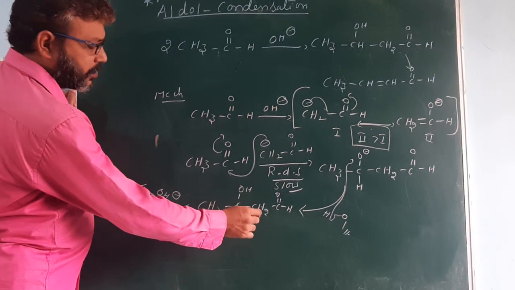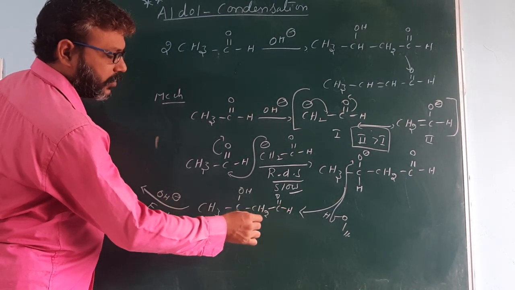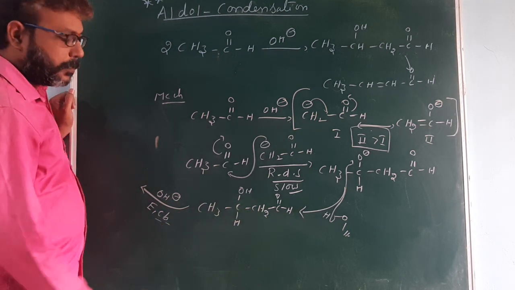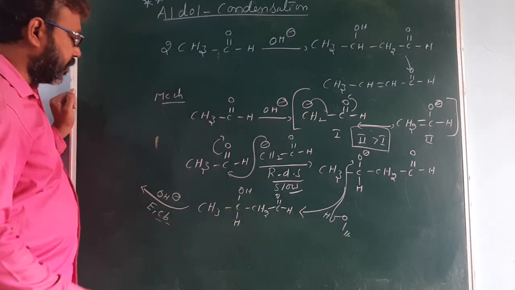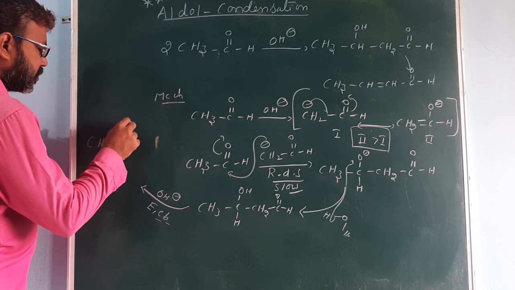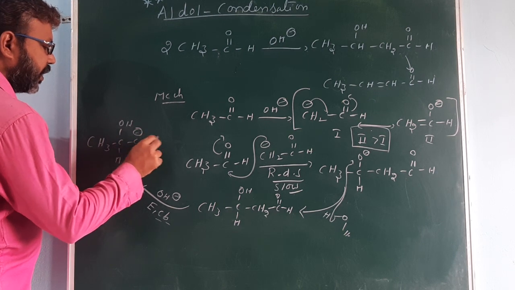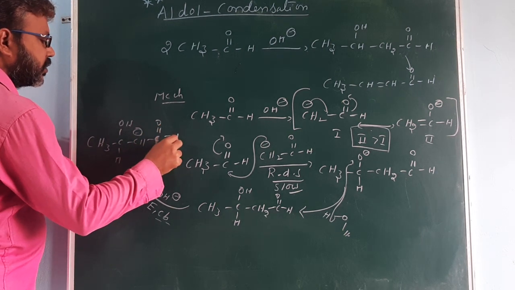OH minus abstracts the proton, which is acidic because the C double bond O group is electron withdrawing. We get CH3 COH H CH minus C double bond OH.